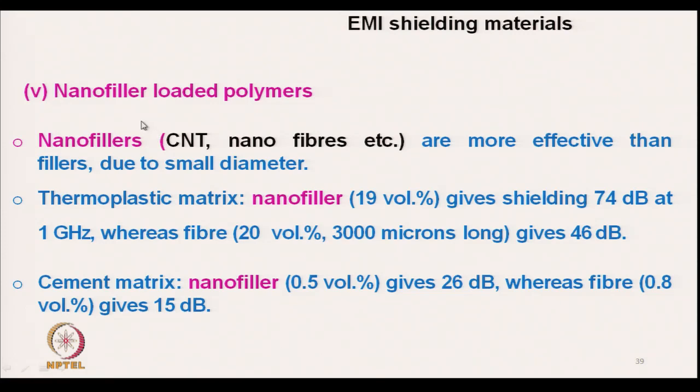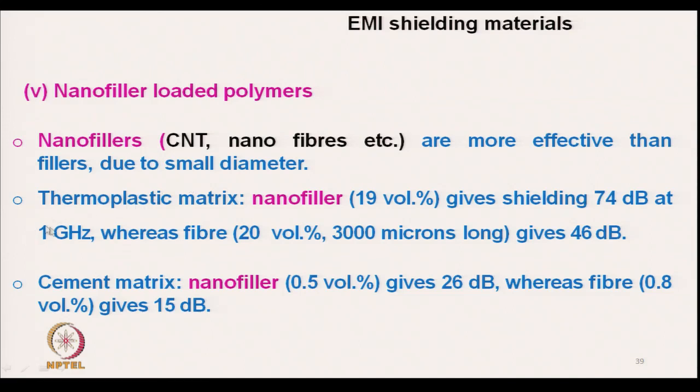We can have nanofiller loaded polymers also. Nanofiller loaded polymers, like carbon nanotubes and nanofibers, if we can load these types of particles within the polymers, these are more effective than normal fillers due to smaller size.